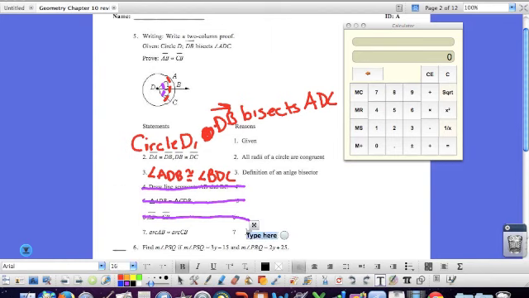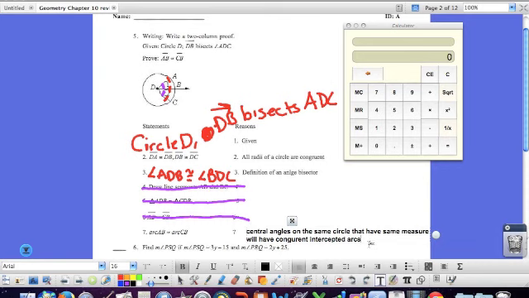You could say from the angles, actually we should say central angles on the same circle that have the same measure will have congruent intercepted arcs.